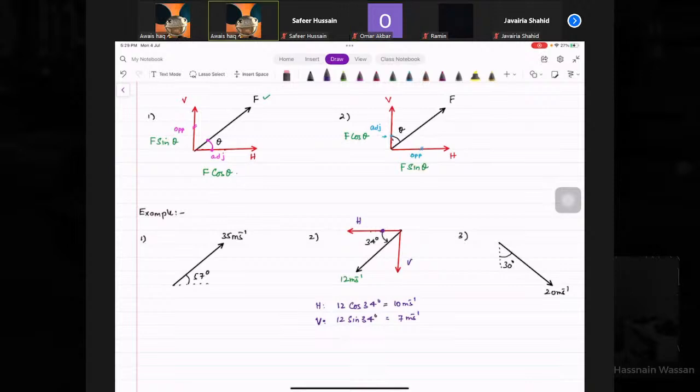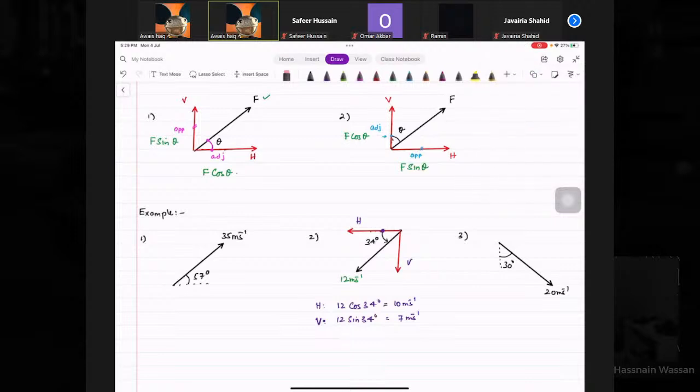Okay, that's good. And what about the third one? The third one is, the horizontal is 10 meters and the vertical is 17.3. That's correct.